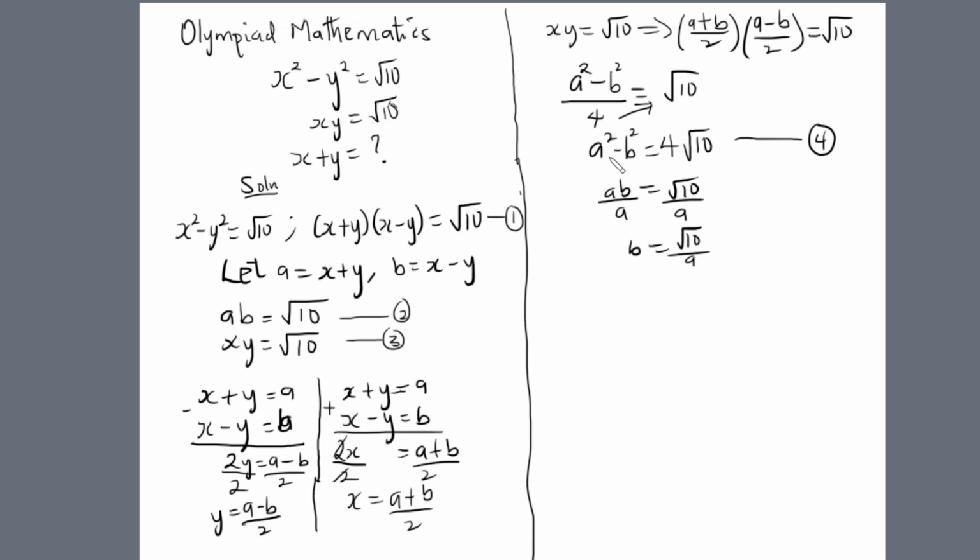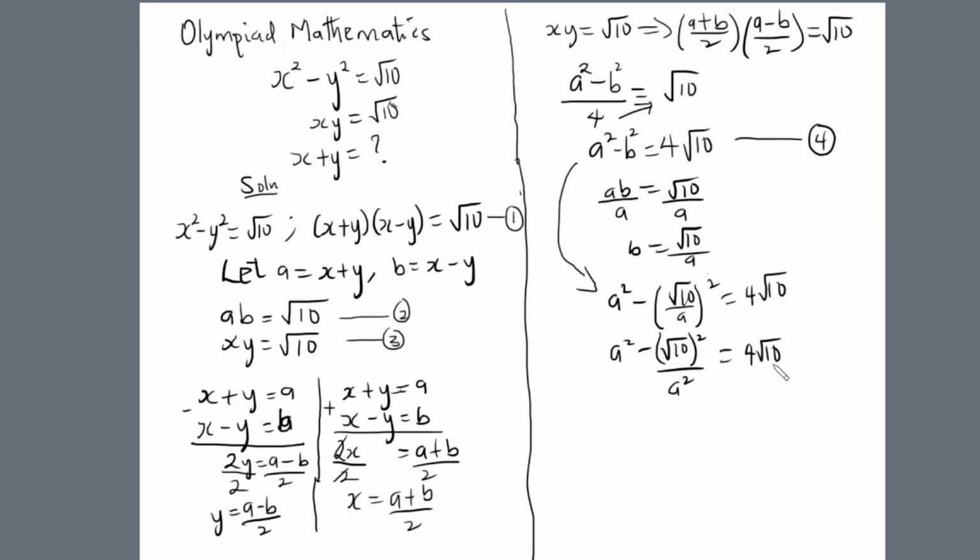All right, so it means that my equation 4 can be rewritten as a squared minus b squared, which is the square root of 10 over a, all squared, equals 4 root 10. All right, so let's do some expansion. Square root of 10 squared over a squared equals 4 root 10.